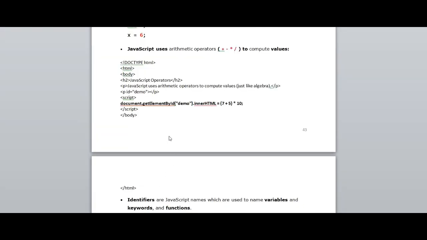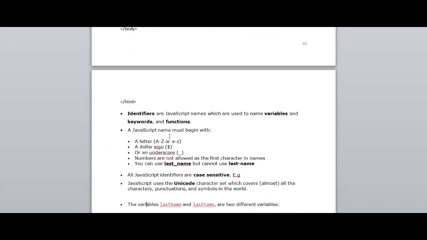Now we also have what are called identifiers. Identifiers are JavaScript names which are used to name variables, keywords, and functions. An identifier is simply a JavaScript name, and it must begin with a letter, which could be A to Z or small a to z.